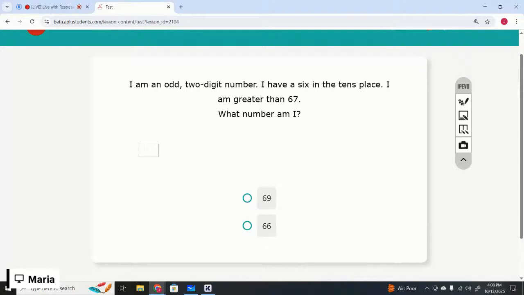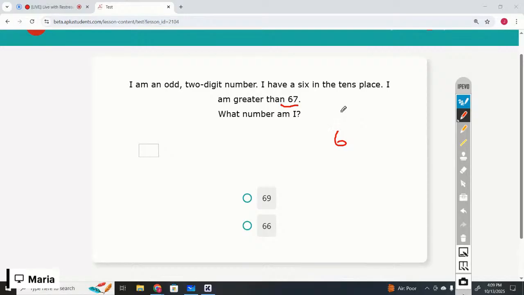I'm an odd two-digit number. I have a 6 in the tens place. I'm greater than 67. So that is an odd number, two-digit number and greater than 67. 6 is the digit that is at the tens place. Now we are given two of the options, 69 and 66. 66 is not greater than 67.